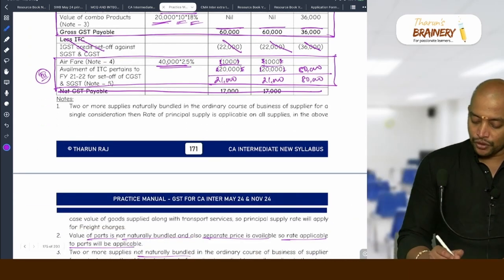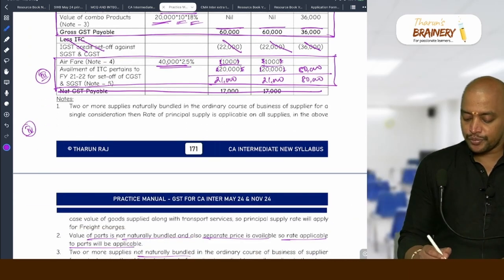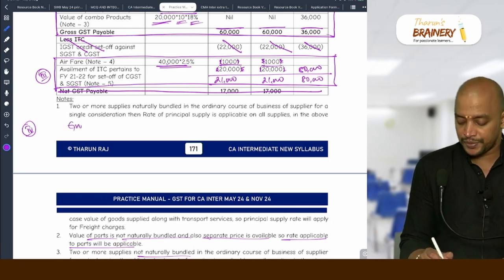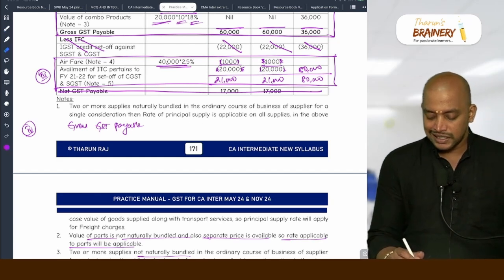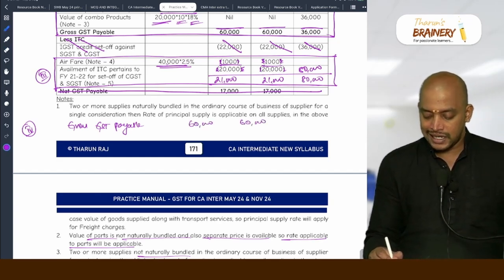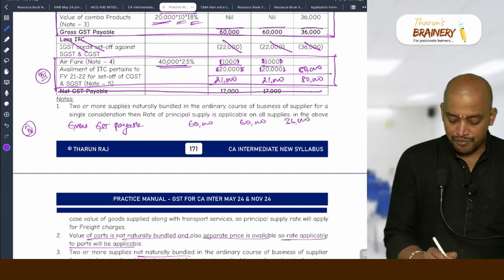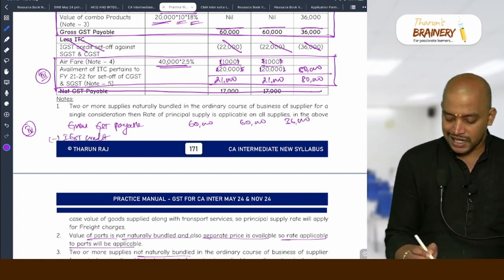Now statement 4. What is statement 4? Computation of net GST payable. Gross GST payable will be 60,000, 60,000 and 36,000 minus IGST credit. What is that IGST credit?